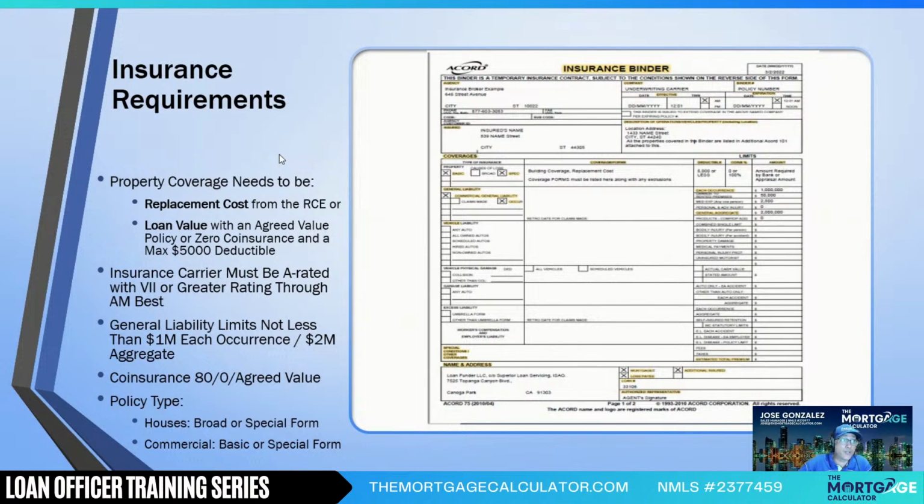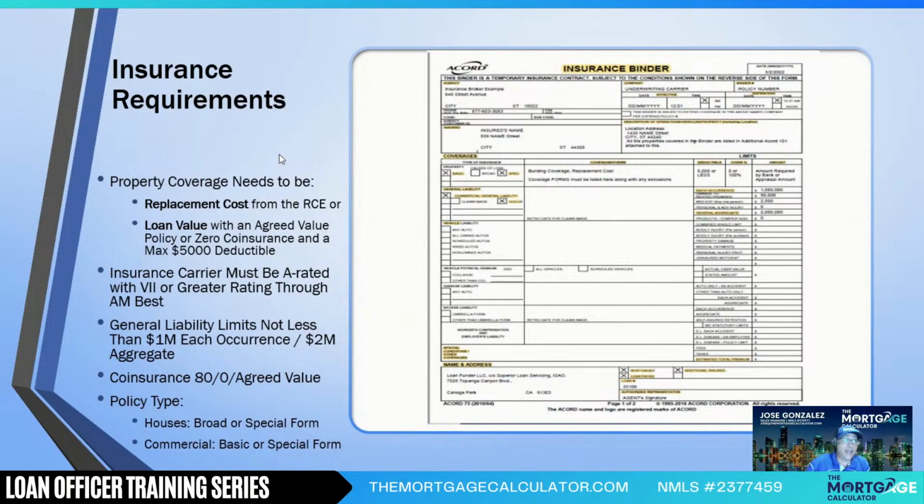Property coverage can be for your ground up construction insurance. The coverage needs to be one of two options: either replacement cost, as determined by an RCE, which is an acronym for the replacement cost estimate, or the loan value, right?